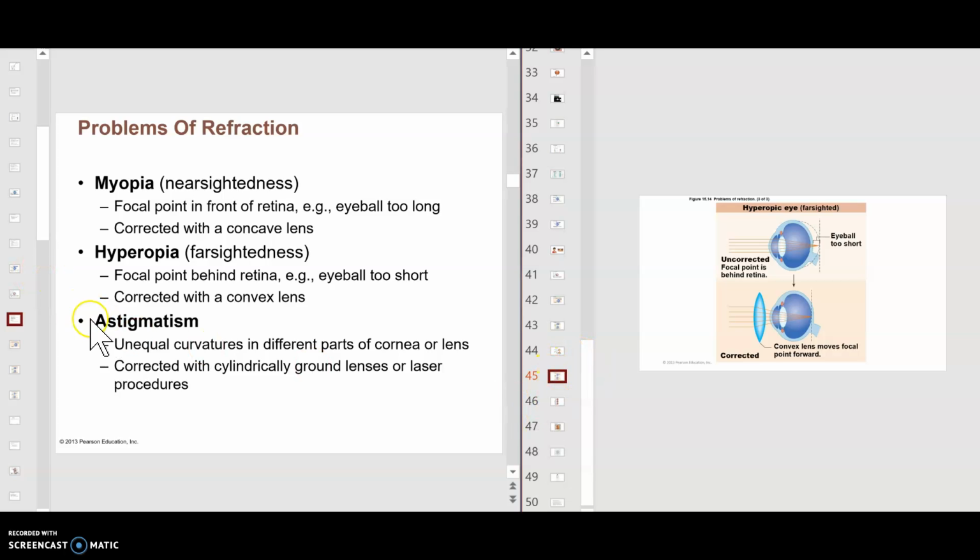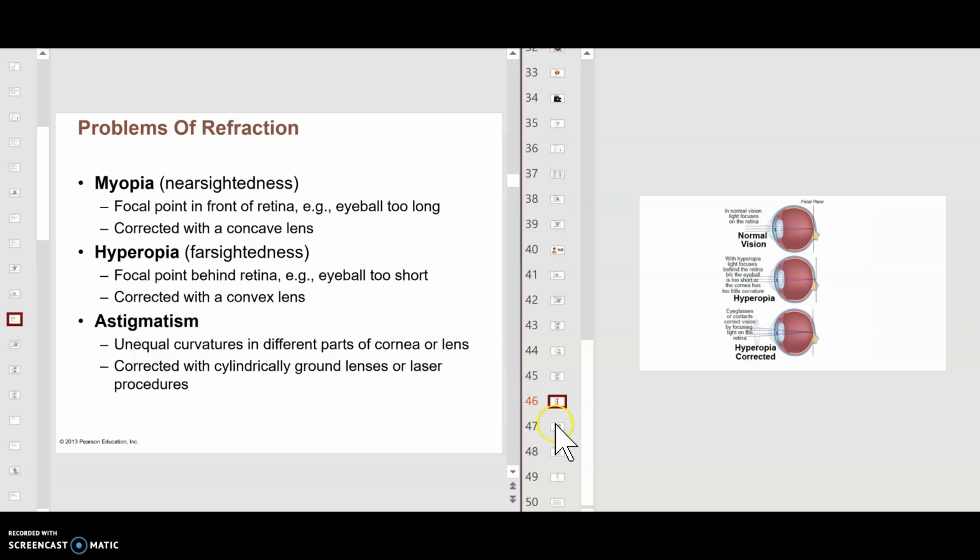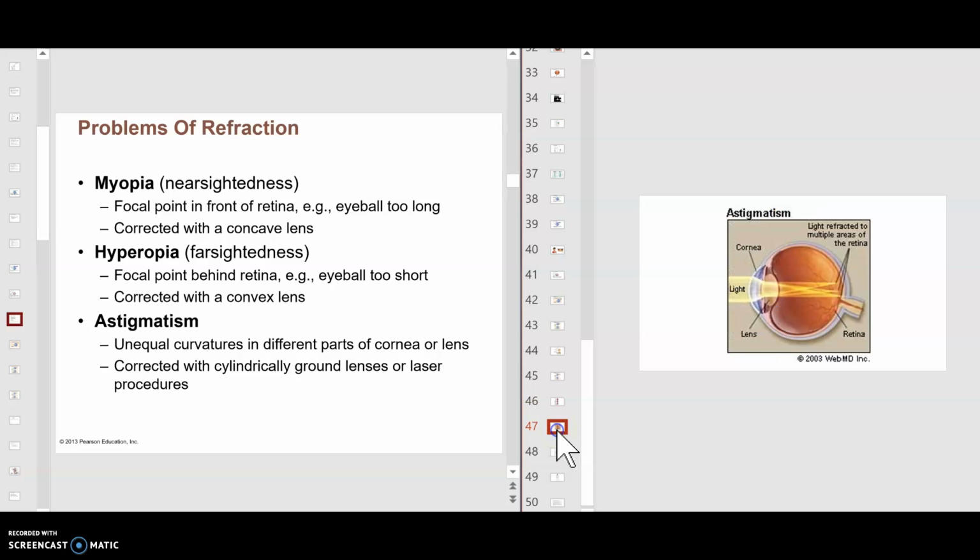Then we go to astigmatism. Astigmatism is a situation where the lens is not curved correctly in all angles, or the cornea is asymmetric. That's an astigmatism that you have. Now, with the astigmatism, let me go here. There again is that. Unequal.